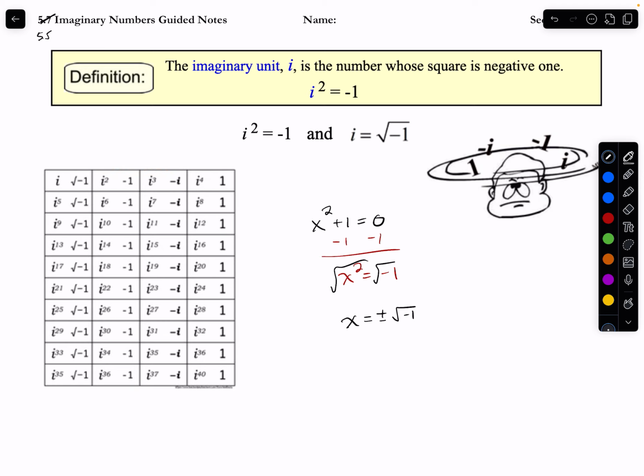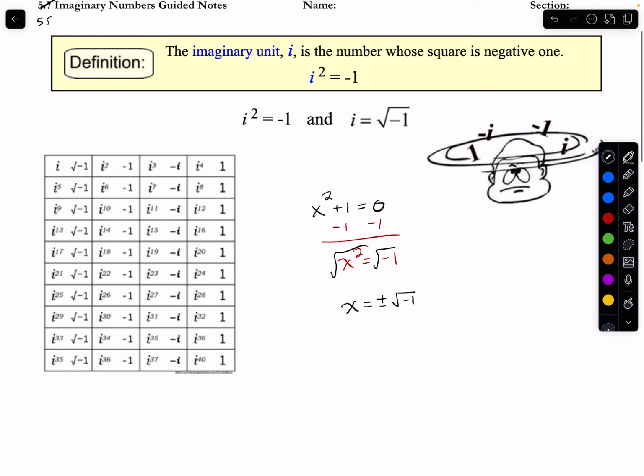And one day, a couple people just decided that, hey, what happens if this actually does work? What if this is actually a number? And let's make this number i. So the square root of negative 1 is i, and also you need to understand that i squared is the square root of negative 1 times the square root of negative 1, which is negative 1.